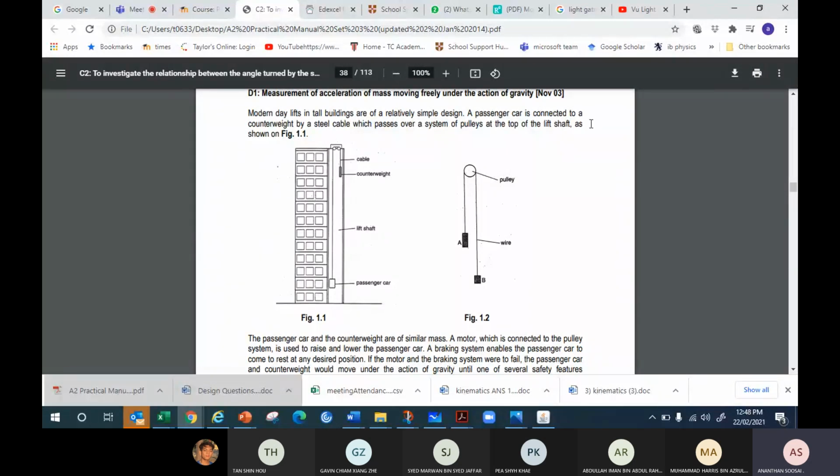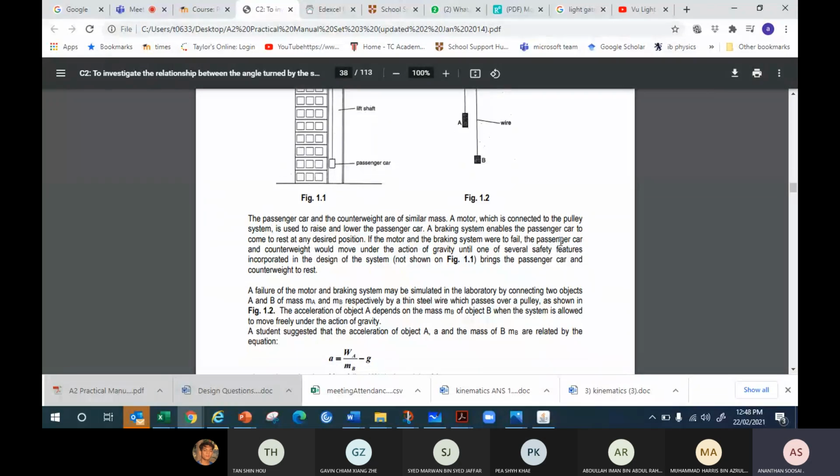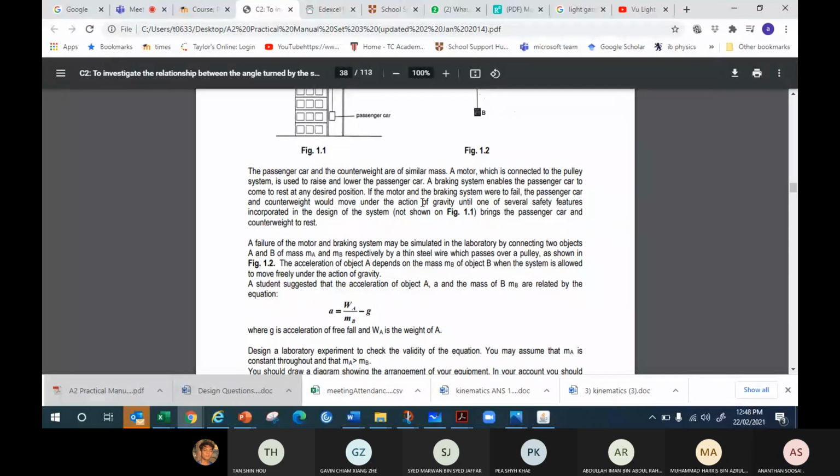A passenger car is connected to a counterweight by a steel cable, over pulleys A and B. The passenger car and the counterweight have similar mass. The pulley is used to raise and lower the passenger car. A braking system enables the passenger car to come to rest. Without the motor and braking system, the passenger car and counterweight would move under the action of gravity, until safety features are incorporated.